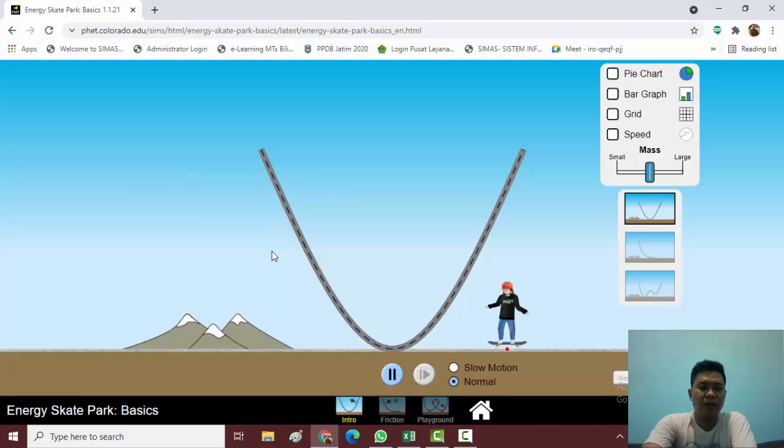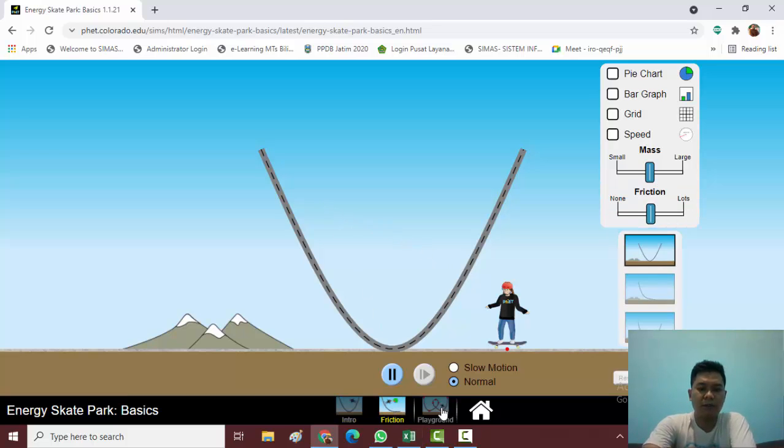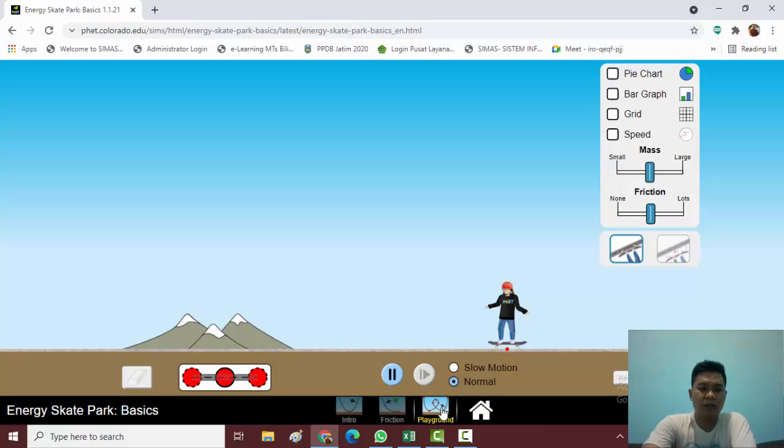The modes are intro, friction, and playground. I will use playground because with playground we can make any free path we want. First, I will make a simple skateboard path with just 3 points.